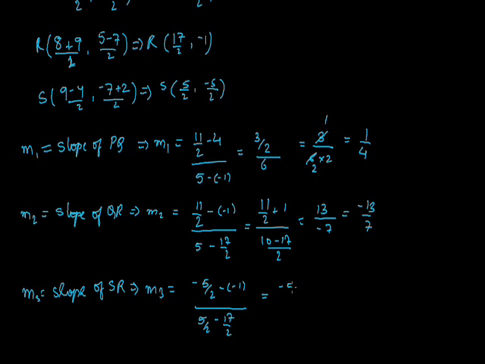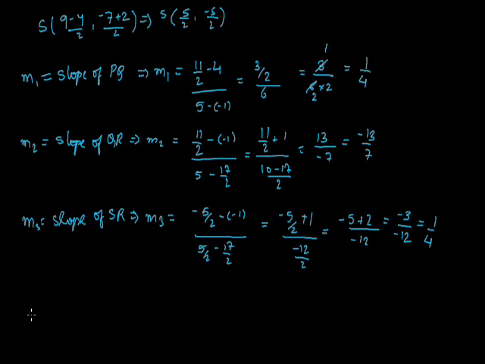This is equal to (-5/2 + 1) upon (-12/2), that is equal to (-5 + 2) upon -12, which is equal to -3 by -12 and is equal to 1/4.